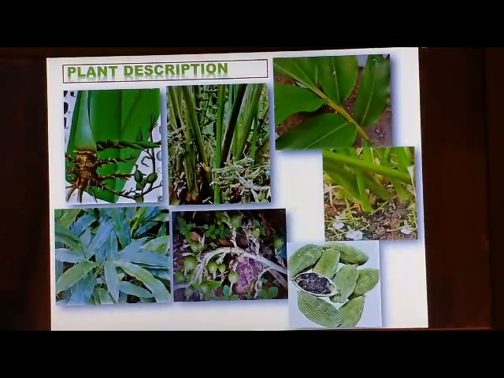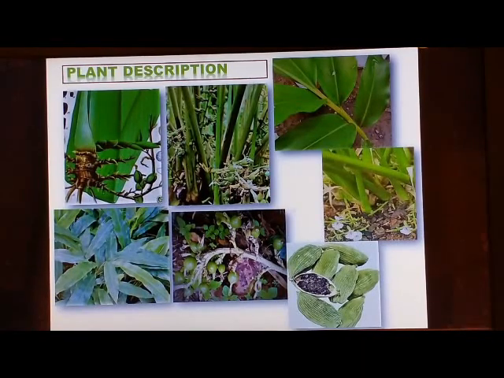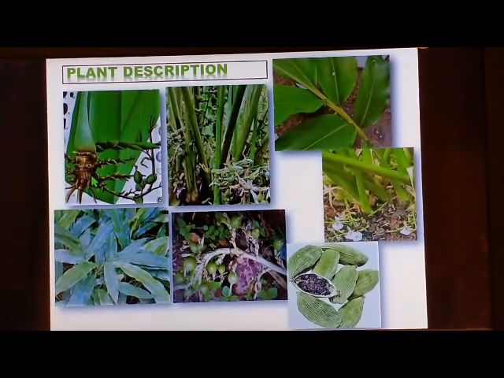Now the morphological characters of the cardamom plant, Elettaria cardamomum, which belongs to the family Zingiberaceae. The plants are herbaceous with a subterranean rhizomatous stem. In this figure you can see the rhizomatous stem, that is the rhizome, having shallow roots.